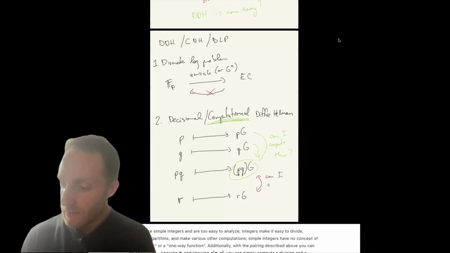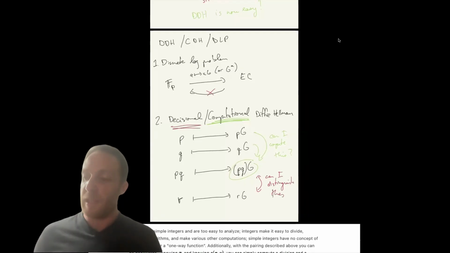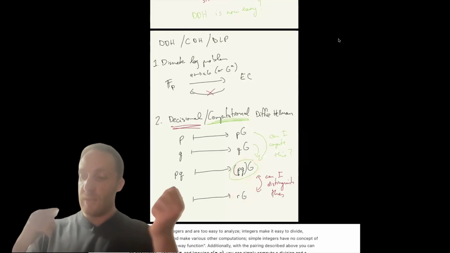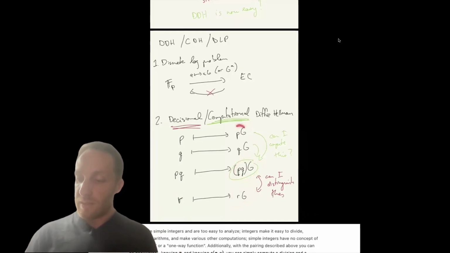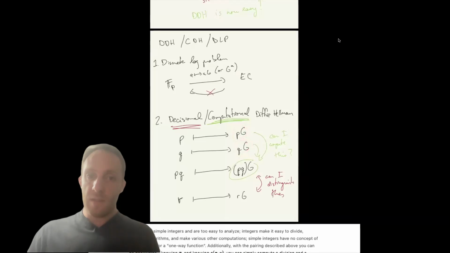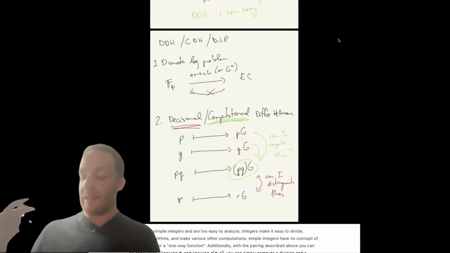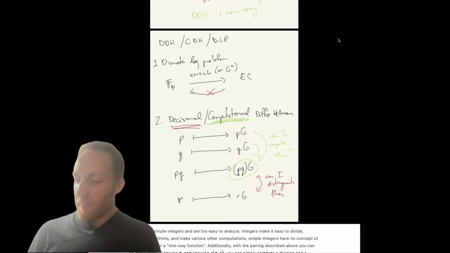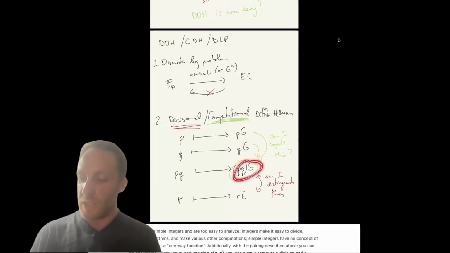This is the decisional Diffie-Hellman. If I give you the real one and a random other element, can you tell me which one is PG, which one is QG? Sorry, that's not what I mean. If I give you this and this, can you tell me which one is actually PQG?